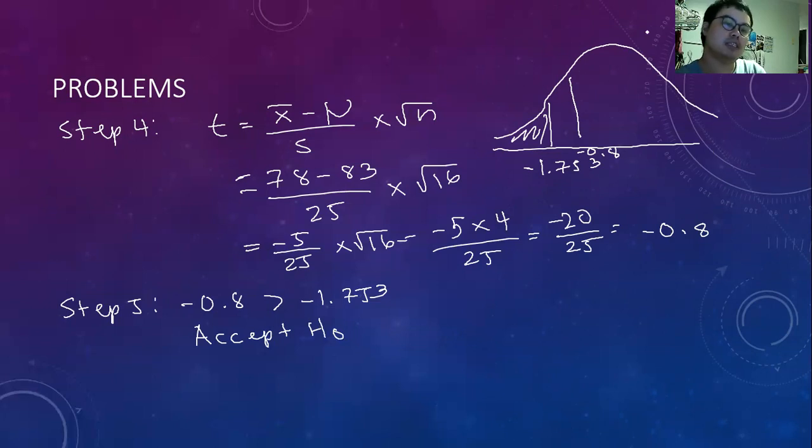This unshaded area represents the acceptance region and the shaded region represents the rejection region. Regarding step 6, now we are going to make an interpretation.